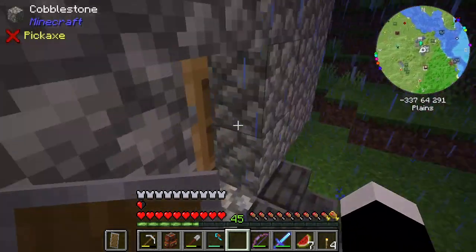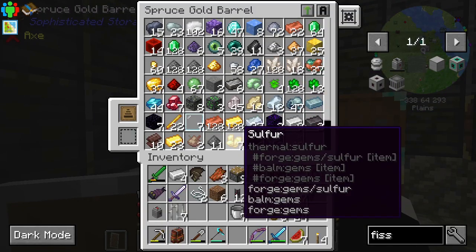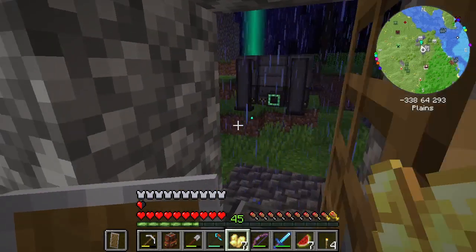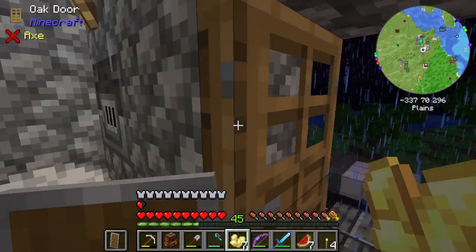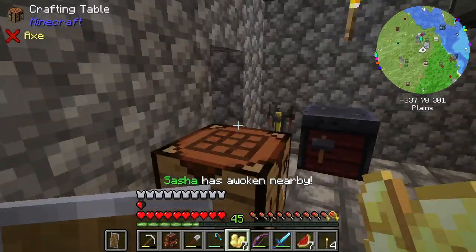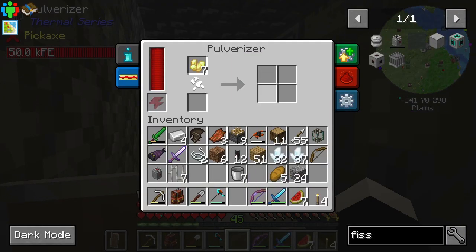Alright, let me see if I've got some sulfur lying around. If I don't, I'll just use... Yeah, I thought I had some. Let's see.